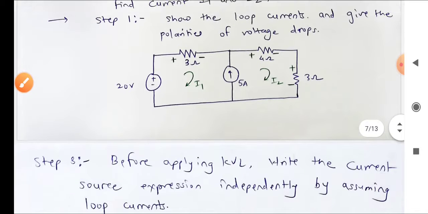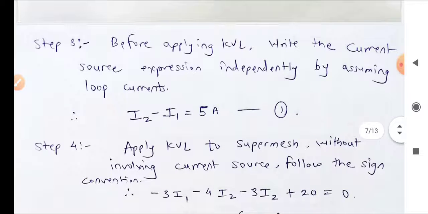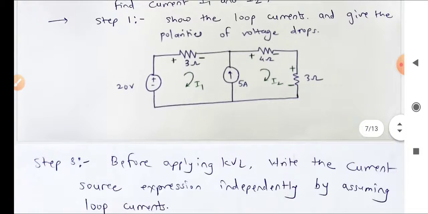Next step is, before applying KVL, we are going to write the current expression. As I said before, it is I2 minus I1 is equal to 5 ampere. Now I have written this independently. Now I am going to exclude this branch. By excluding this branch, I am going to write KVL only for the outer loop.